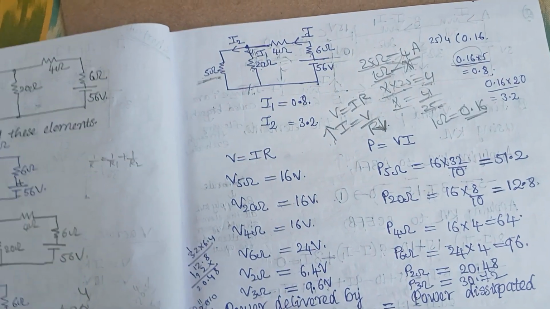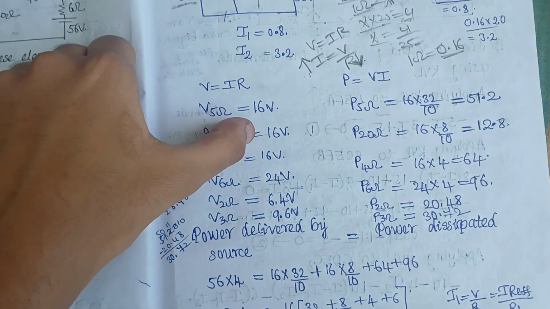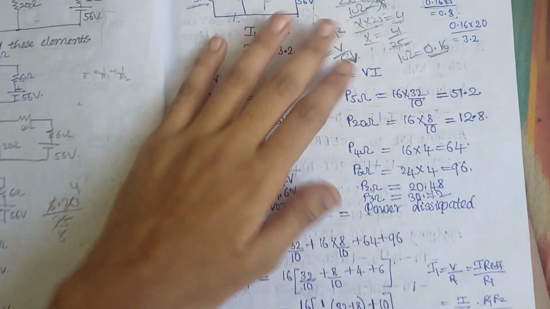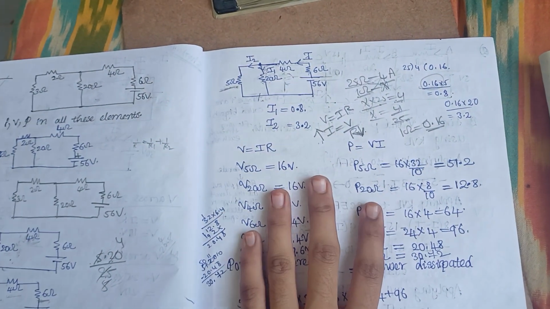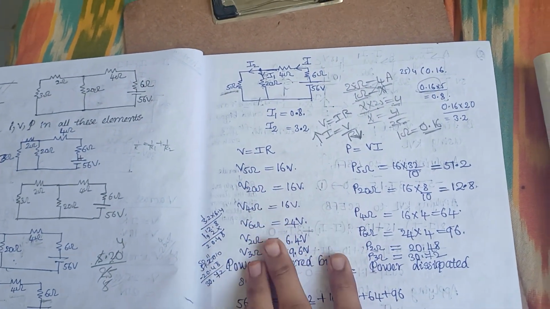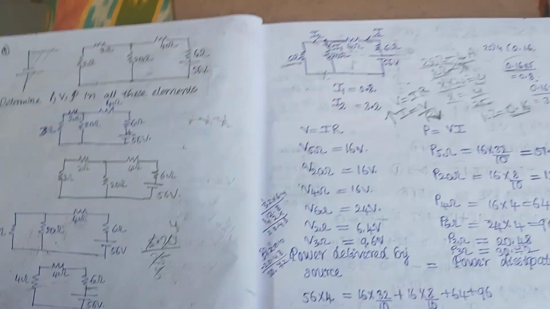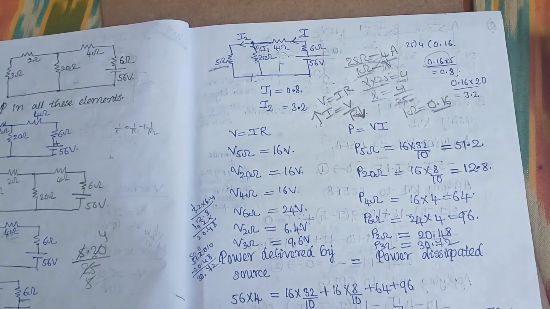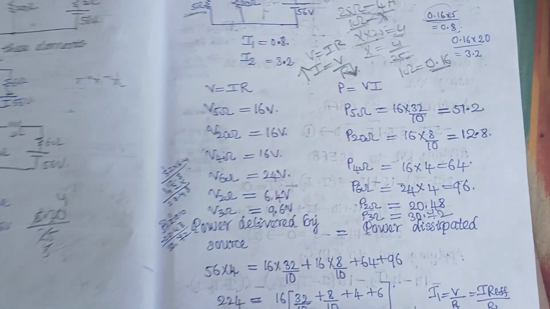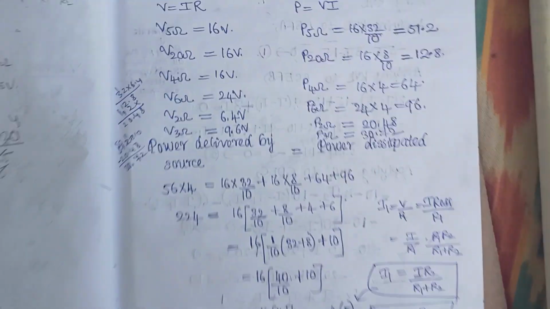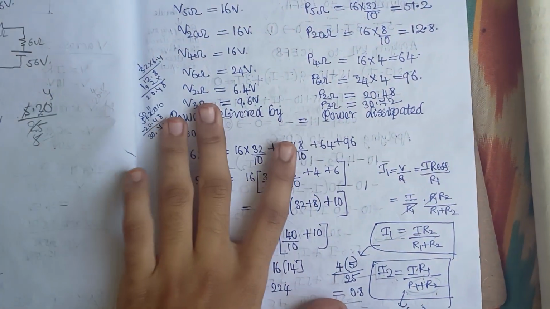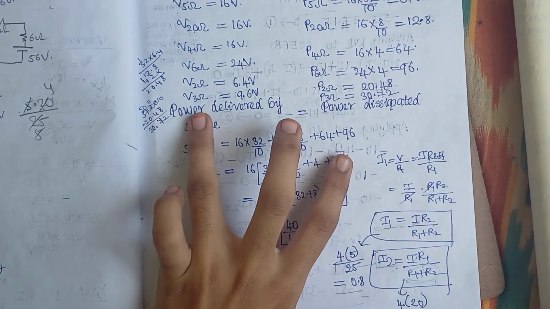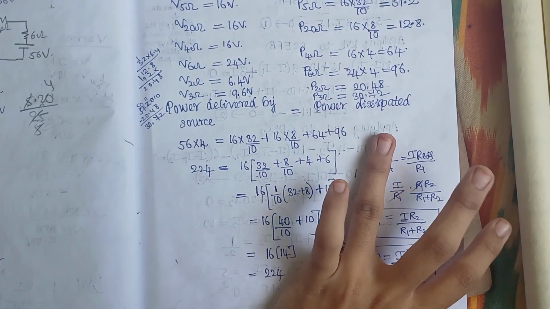And again, as previously discussed, V is equal to IR and P is equal to VI. By using those formulas, you can calculate the voltages across the 5 ohm, 20 ohm and all such resistors. Hope you can calculate these on your own. And in order to verify whether our answer is right or wrong, we can use this important statement: power delivered by the source is equal to power dissipated, right?